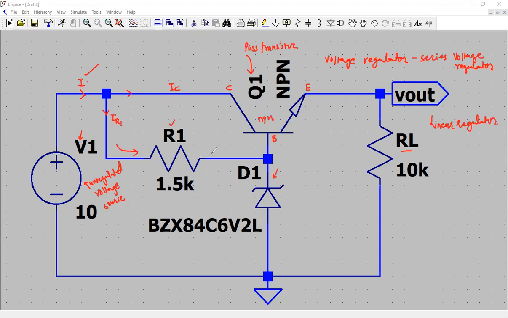Now this IR1 comes here and it splits into two parts. That is the current going into the base and the current into the Zener diode IZ. The current starts flowing into IZ when the voltage across the cathode and the anode exceeds the Zener breakdown voltage of the diode. So this is Vz.